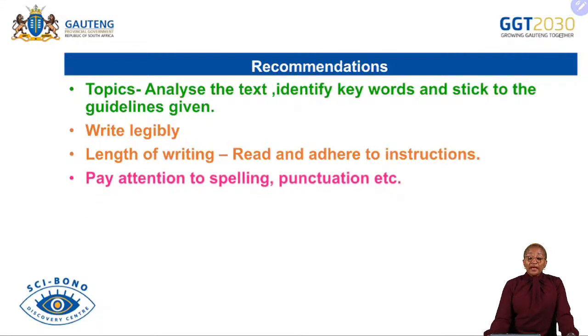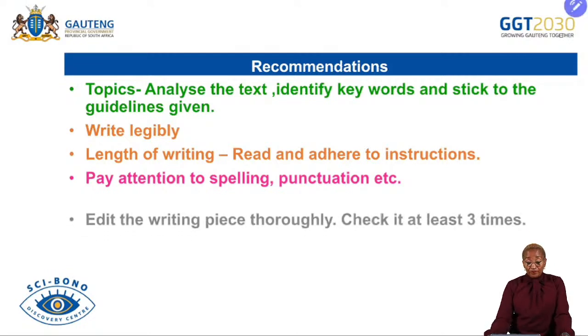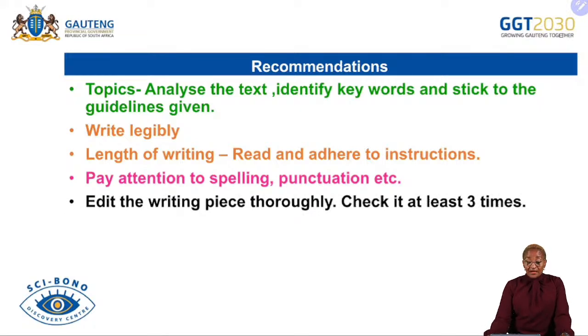You need to pay attention to spelling. You also need to pay attention to punctuation. And the only way to do that is to proofread your work, edit your work, and make the necessary corrections. Edit the writing piece thoroughly. You've got to check it at least 3 times.